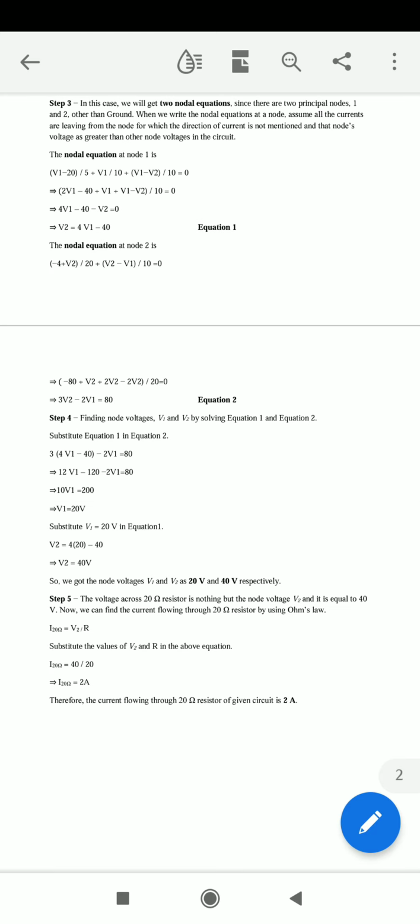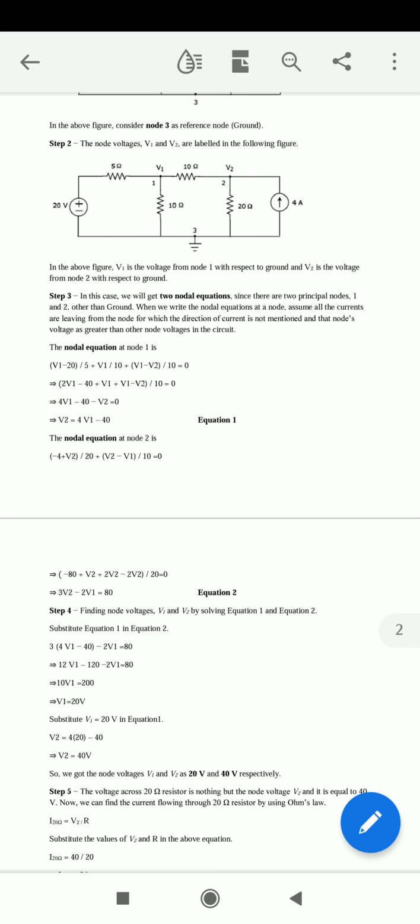The 4 ampere current source is taken from the right side of the equation to the left side, so minus 4 plus V2 divided by 20, then plus V2 minus V1 divided by 10 equal to 0.